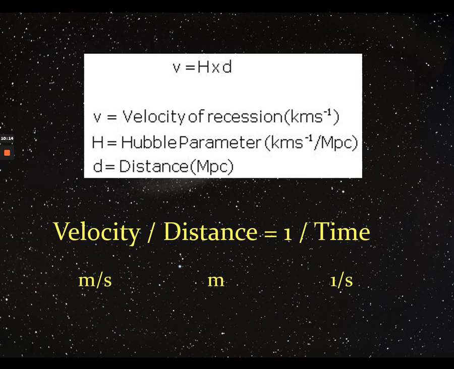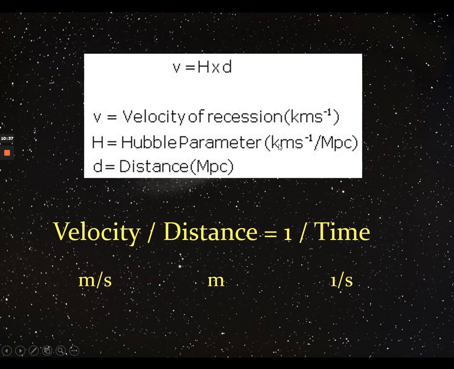If you've got 65, then it's not just 1 over 65, unfortunately, because you need to convert to seconds or minutes or years. And of course, it's in kilometers per second per megaparsec. So you'll notice that kilometers doesn't actually cancel out with megaparsecs, even though they're both units of distance.